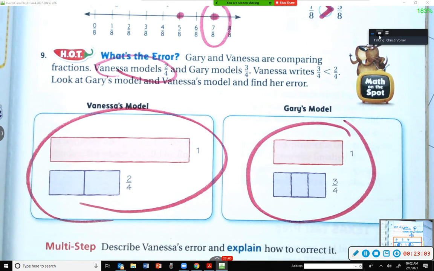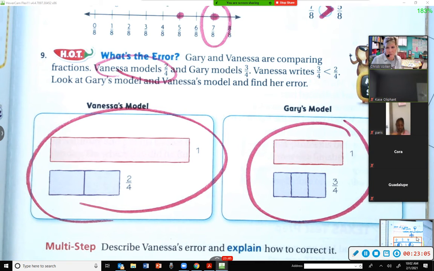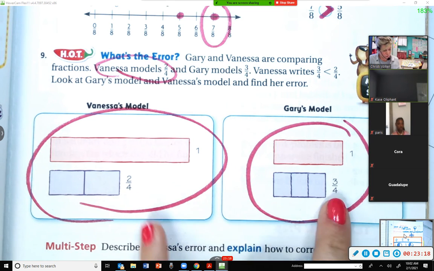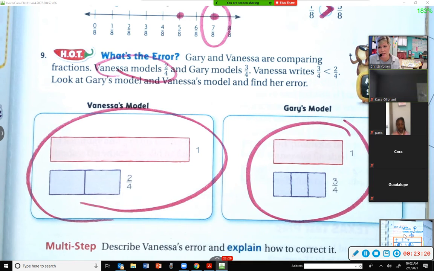Anybody at home? No? Can we compare fractions if the pieces are not the same size? Can we compare 2/4 and 3/4 if the wholes are not the same? I know. No or yes?